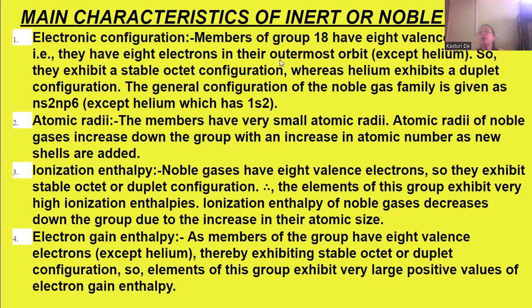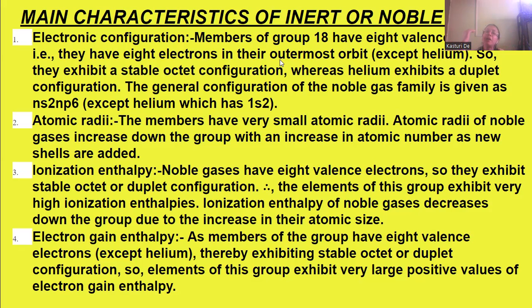Therefore, these elements exhibit very high ionization enthalpies because a large amount of heat is required to ionize them. As they're very stable, it's very difficult to separate the valence electrons from their stable configuration. So a large amount of heat is required to break that stable configuration. That's why their ionization enthalpies are very high.